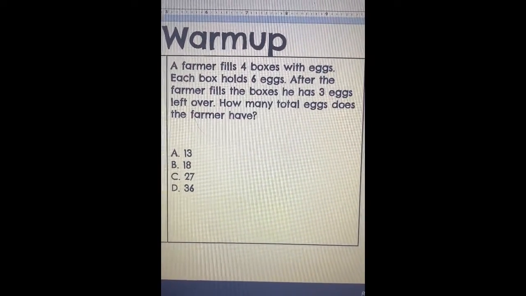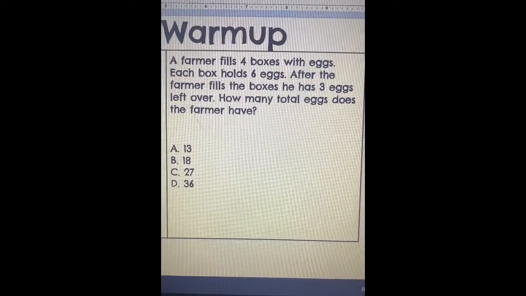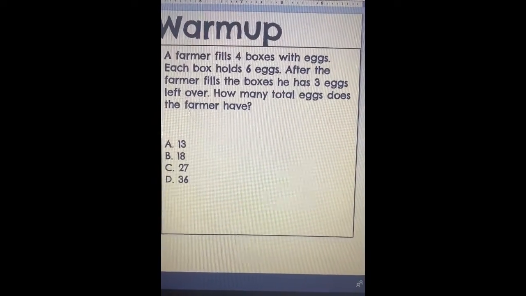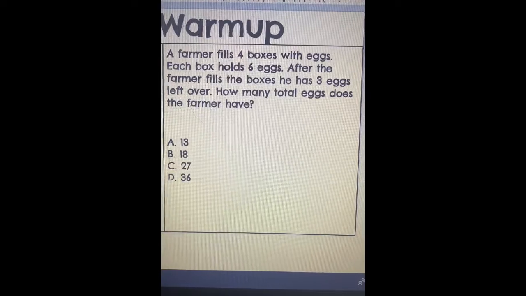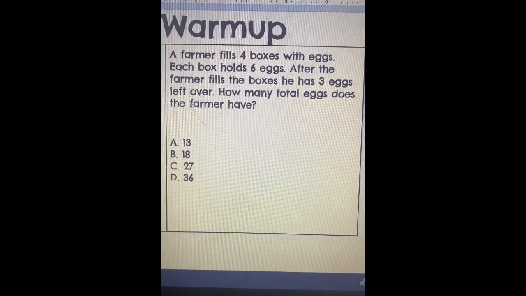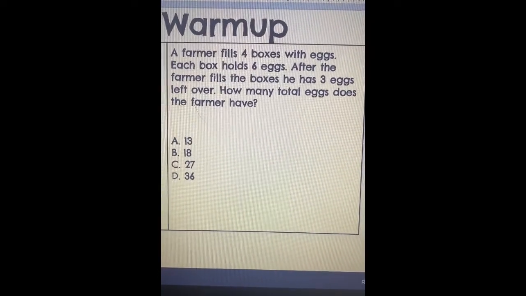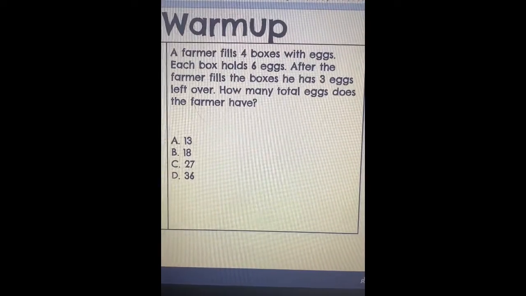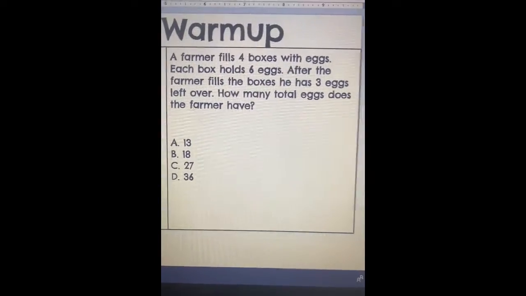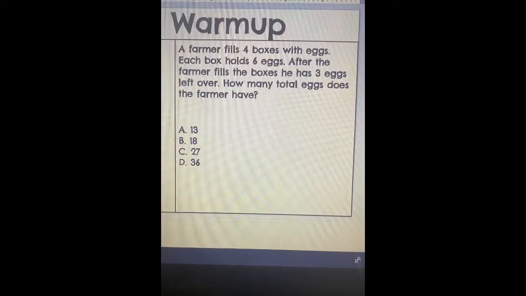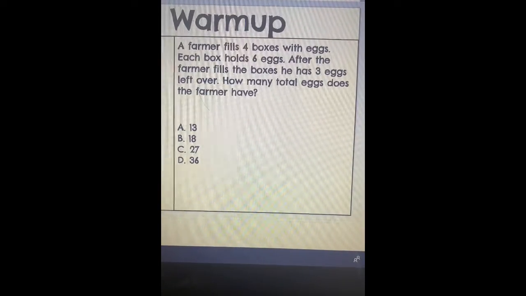All right. Problem number 2. A farmer fills 4 boxes with eggs. Each box holds 6 eggs. After the farmer fills the boxes, he has 3 eggs left over. How many total eggs does the farmer have? You have 2 minutes to solve this problem. I'll read it again. A farmer fills 4 boxes with eggs.